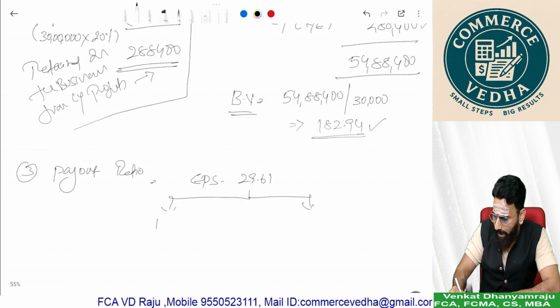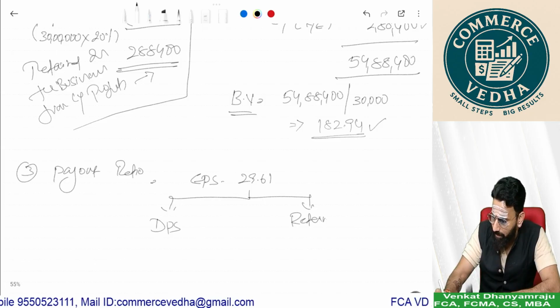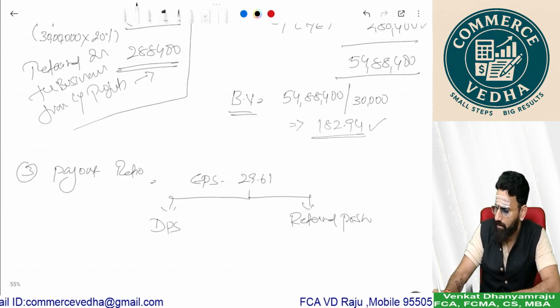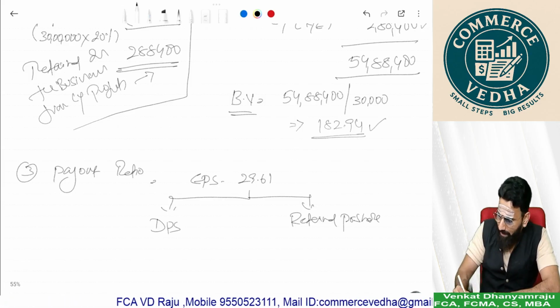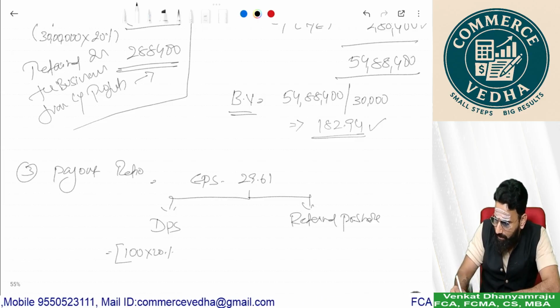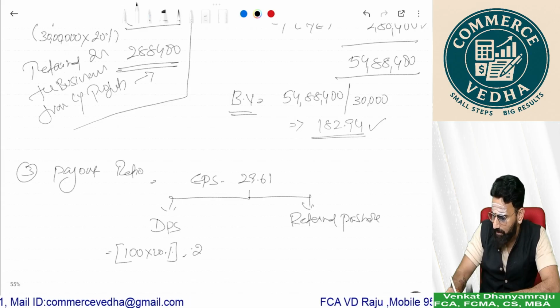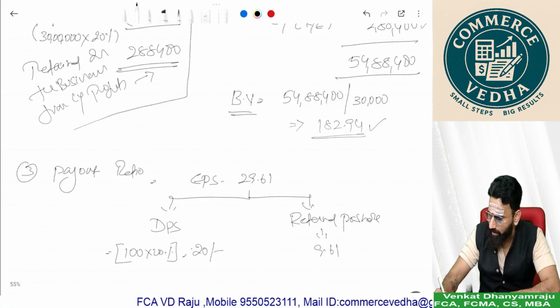How much you paid as dividend per share and how much you retained per share? I paid 20%. So my dividend is face value 100 into 20%, 20 rupees, and my retained earnings are 9.61.